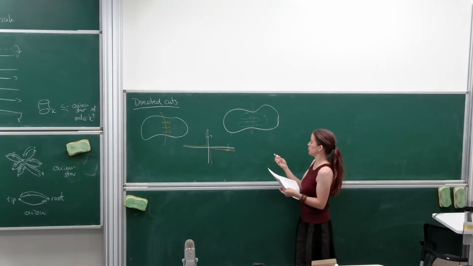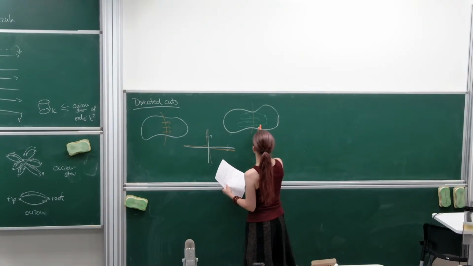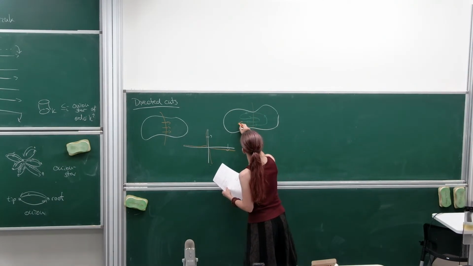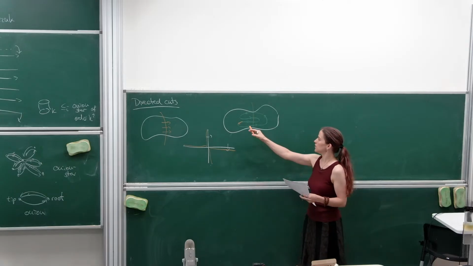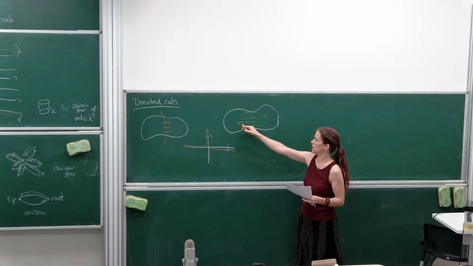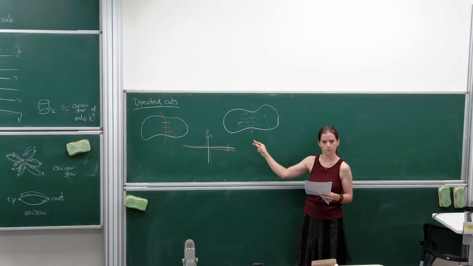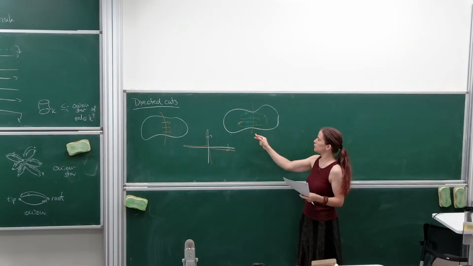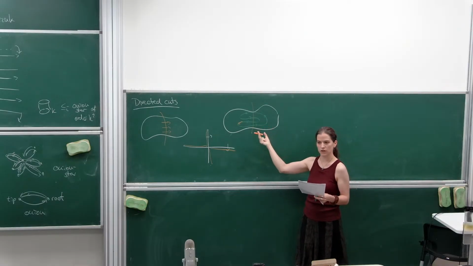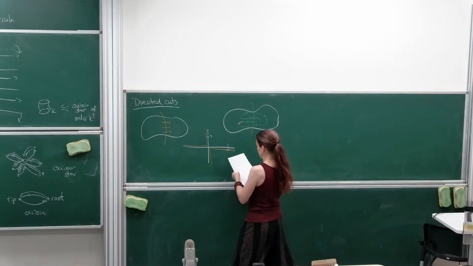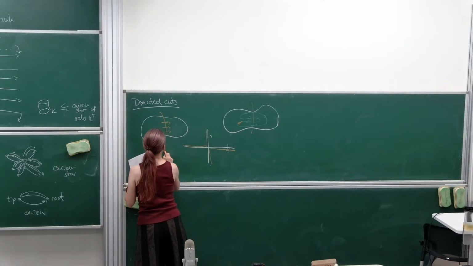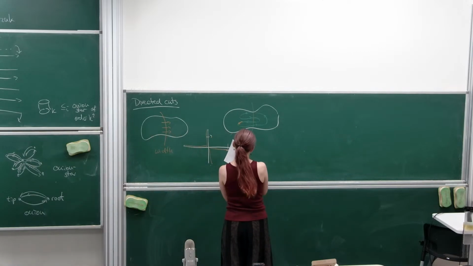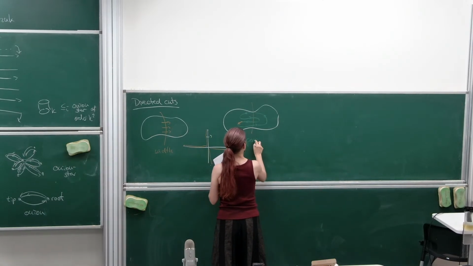And that makes a huge difference, because I could hit such a cycle somewhere with an edge that is very far away from my cut. So it's a far less local way of measuring. This is called the width of the cut, and this we call the porosity of the cut.